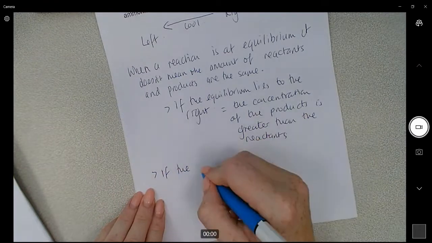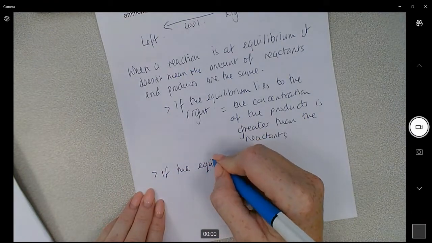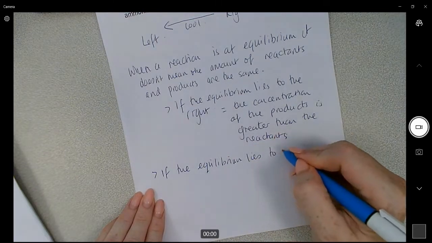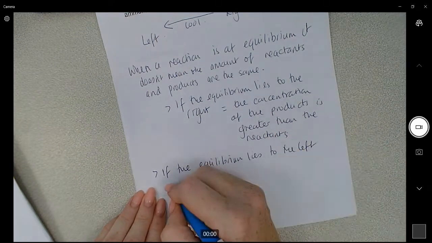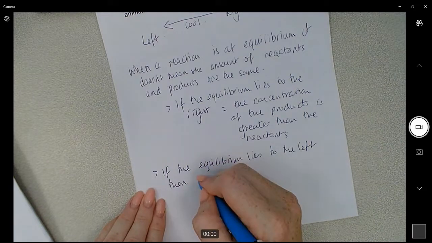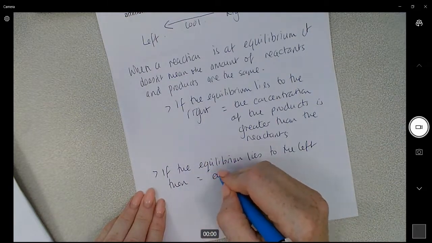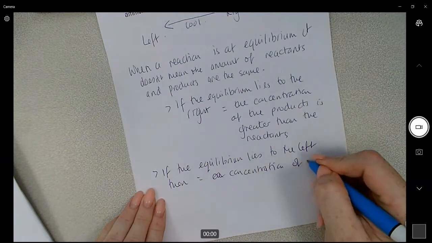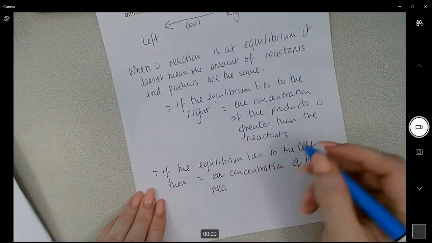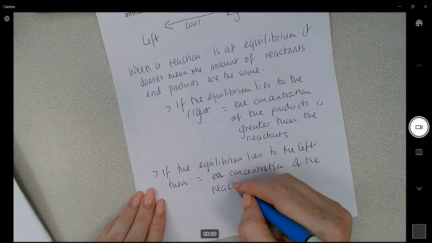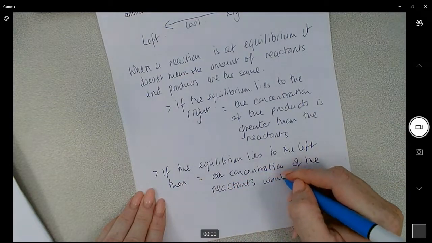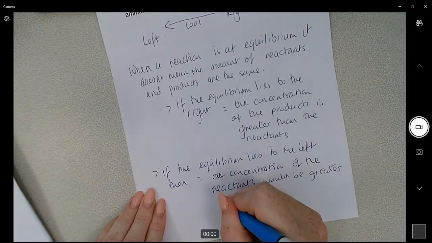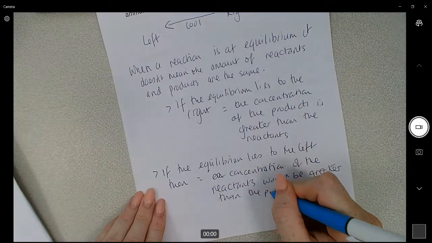So if the equilibrium lies to the left, then that means that the concentration of the reactants would be greater than that of the products. Right, and that is what it's all about.